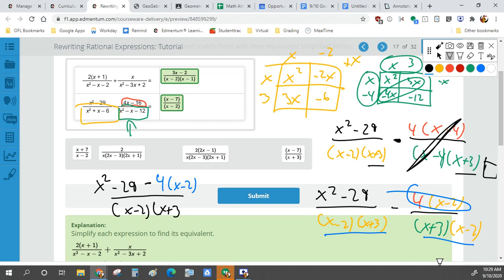So now from here, I'm going to distribute this negative 4. So I get this x squared minus 29. In blue, I have negative 4x plus 8. The reason why it's plus 8 is that negative times a negative is a positive. So from here, the bottom stays the same, x minus 2, x plus 3.